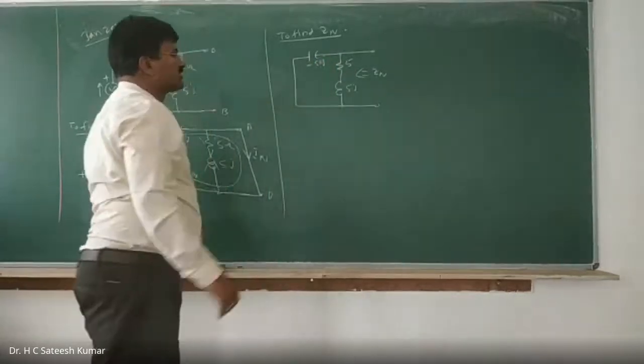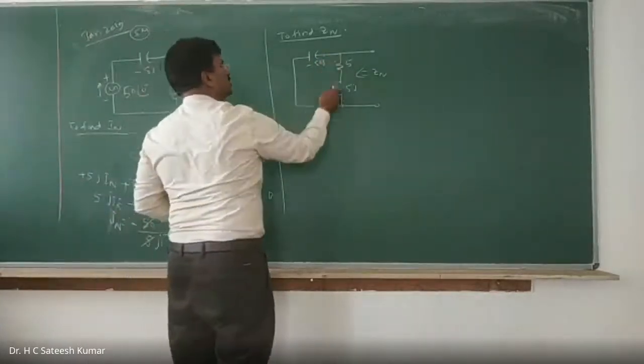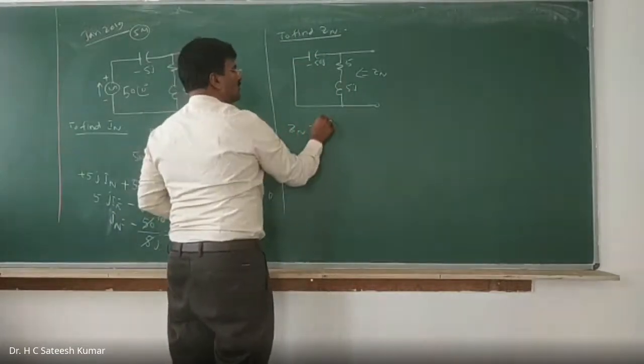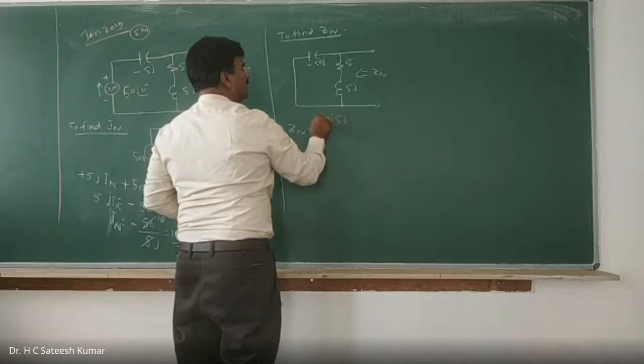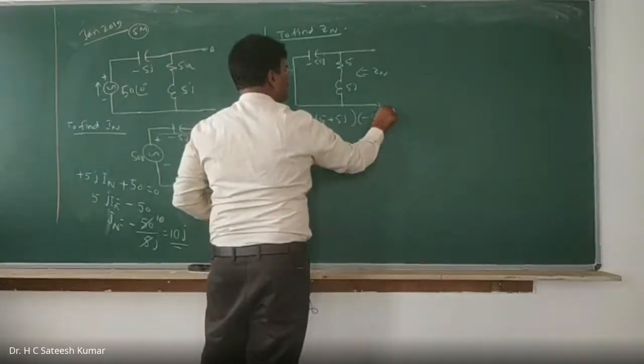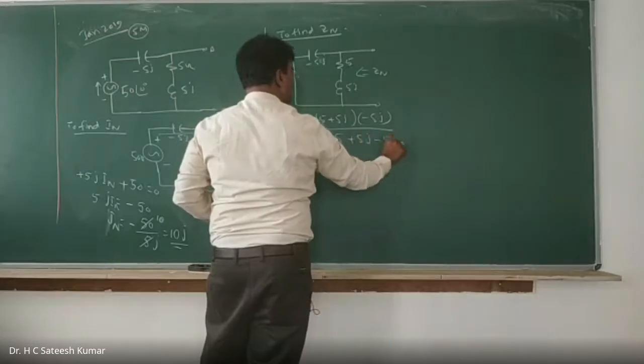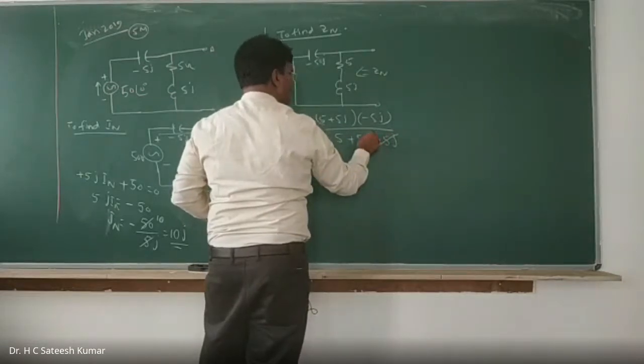Okay, right. Zn. So Zn is these two in series, which is in parallel with this one. Zn is equal to (5 plus 5J) into (minus 5J) divided by (5 plus 5J minus 5J). Minus 5J plus 5J gets cancelled.